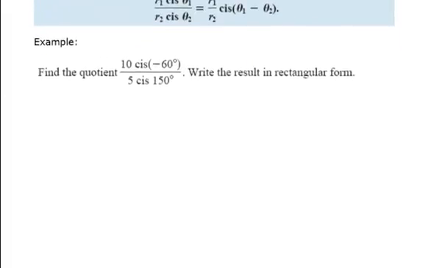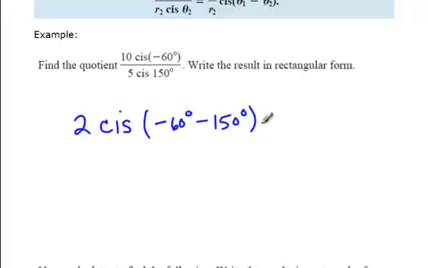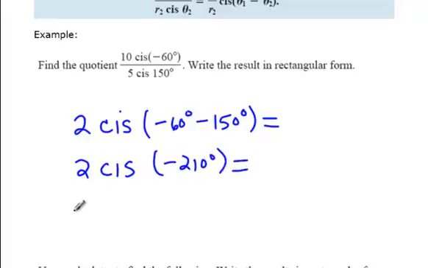So the example says, find the quotient 10 cis negative 60 degrees divided by 5 cis 150. Write the result in rectangular form. So we go ahead and divide the r values. 10 divided by 5 is 2. And we'll have 2 cis negative 60 minus 150. So this would be 2 cis, this would be negative 210 degrees, and we should convert that to a positive value.